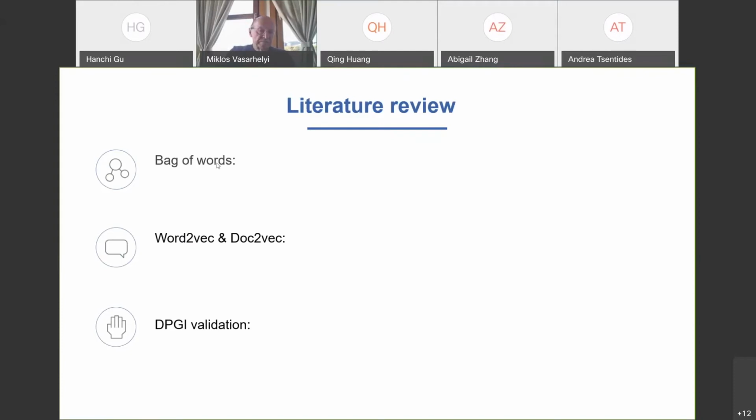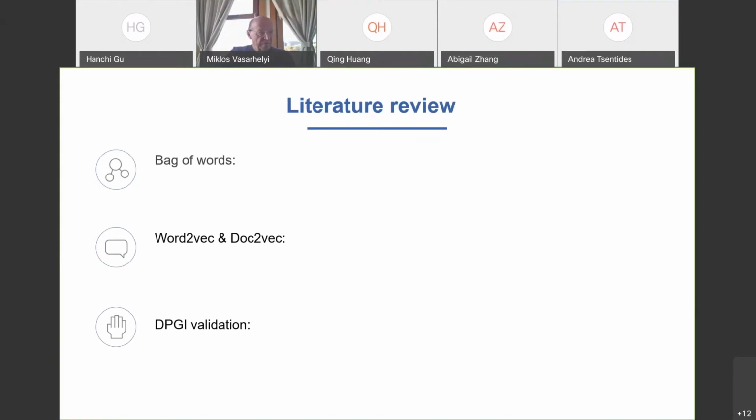We know that bag of words has some potential problems: it will lose some information. It will lose the order of the words, and it will lose the relationship between different words. So we can now use word2vec and doc2vec, especially doc2vec in this case.